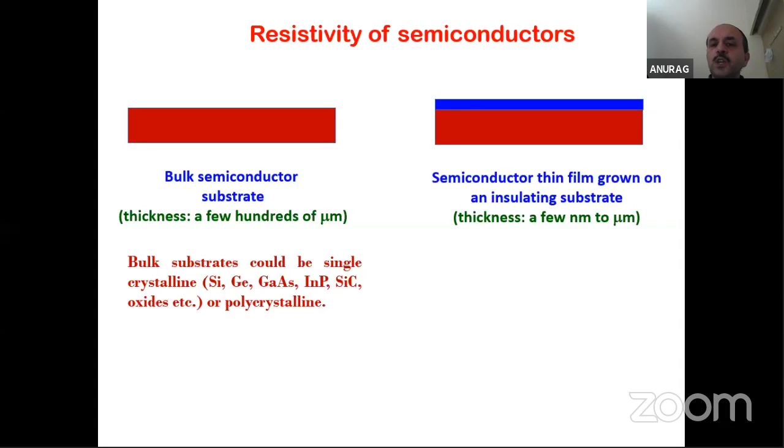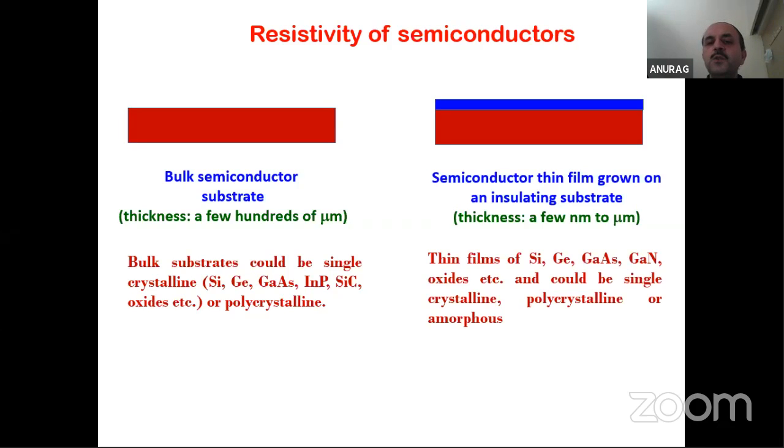So you see, a thin film, usually from the thickness point of view, we explore or study thicknesses from a few nanometers to about a micrometer. If it goes beyond a micrometer, then its properties resemble more and more the bulk properties. A few nanometers, a few hundreds of nanometers, and all those ranges, we are still in the thin film regime.